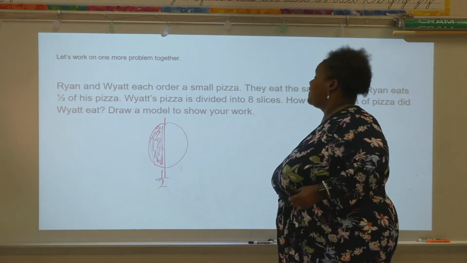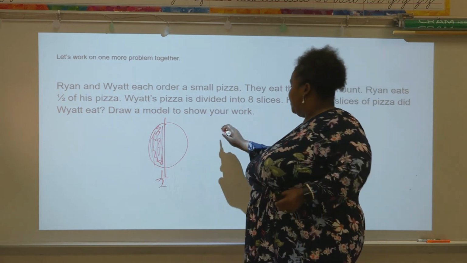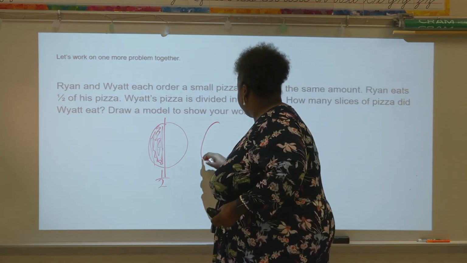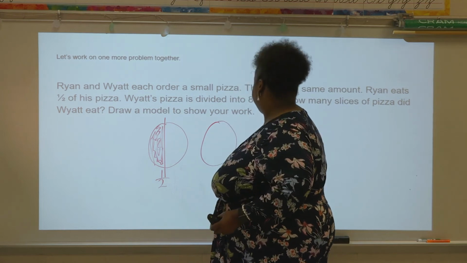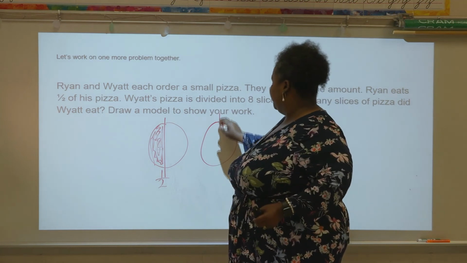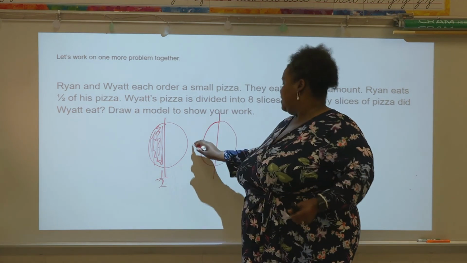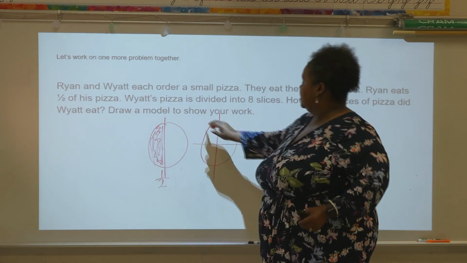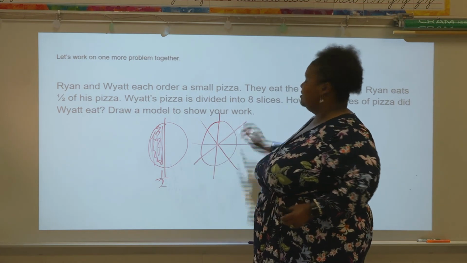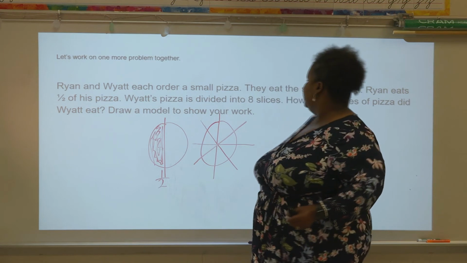Wyatt's pizza is divided into 8 slices. Let me see if I can draw another circle of the same size. And I'm going to make it into 8 slices. So I'm going to do my half, my fourths, and then 2 more diagonal lines. And I'm going to shade in.